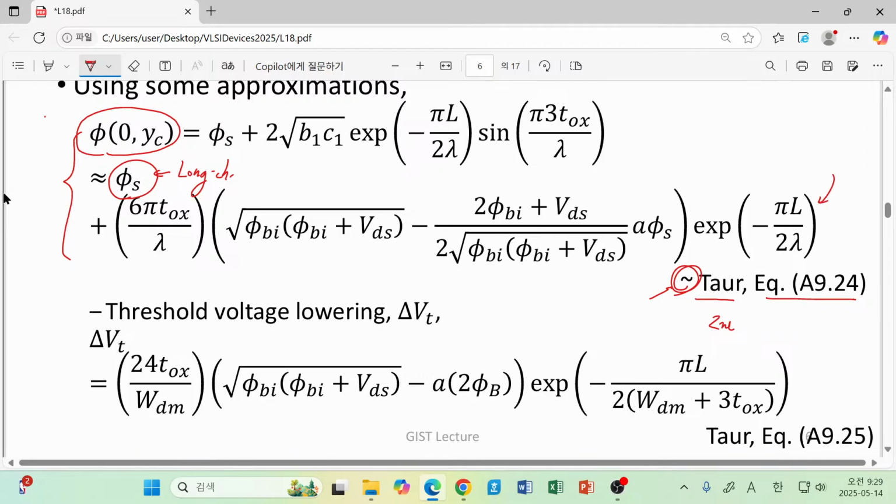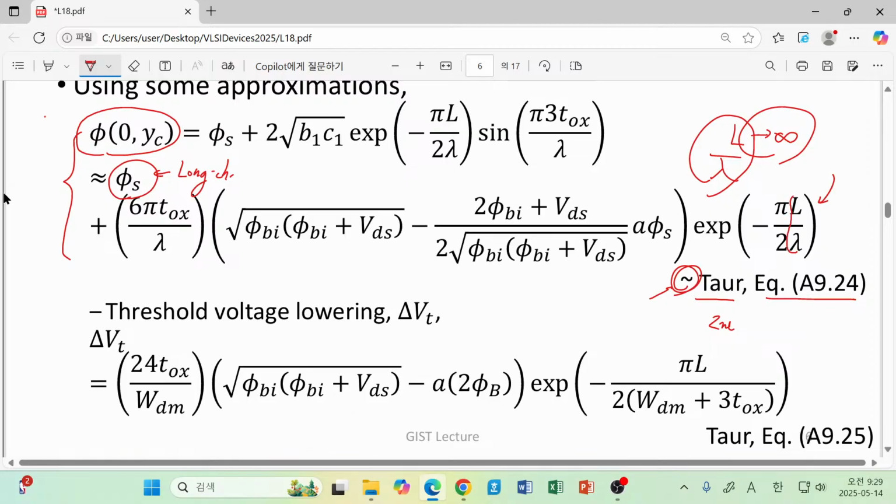If we go to the long channel limit, L becomes much larger. Compared to what? Compared to our lambda value. In this problem, lambda is used as the scale of our analysis. Let's assume that this value becomes positive infinity. Then what happens?